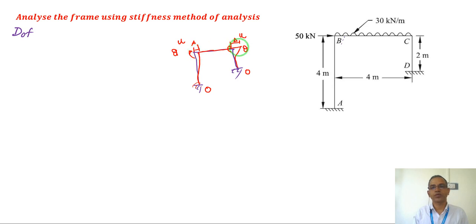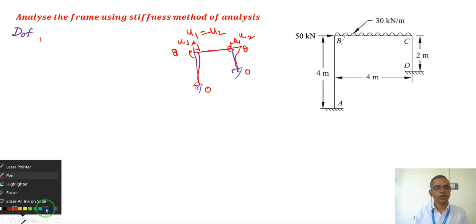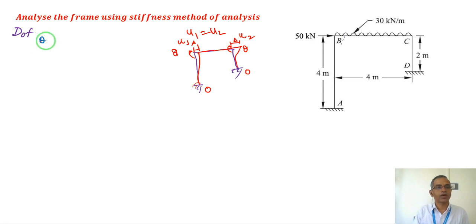But because this beam is rigid, the lateral translation u will be the same, so we can take one common degree of freedom: u1 equals u2. So in net, I have theta b, one u displacement, and theta c. So total 3 degrees of freedom.